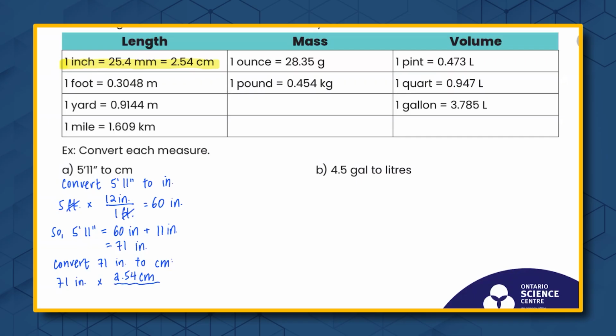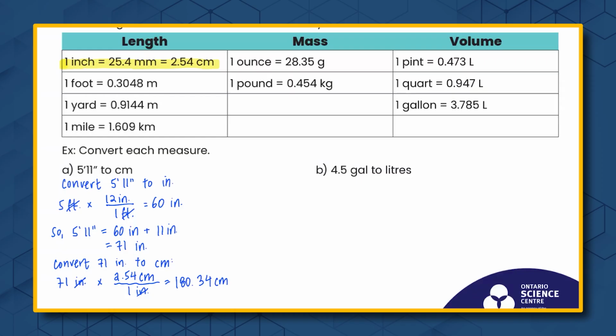So there are 2.54 centimeters for every inch. Now I multiply, and again my inches divide out, which is perfect. So I have 71 times 2.54, which gives me 180.34 centimeters. So 5 feet, 11 inches converts to 180.34 centimeters.